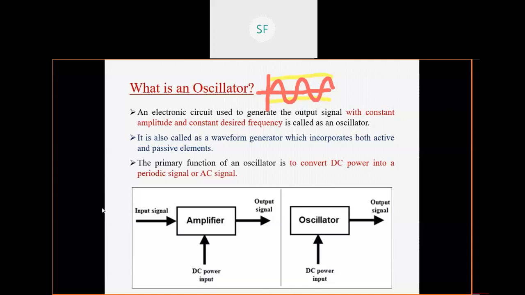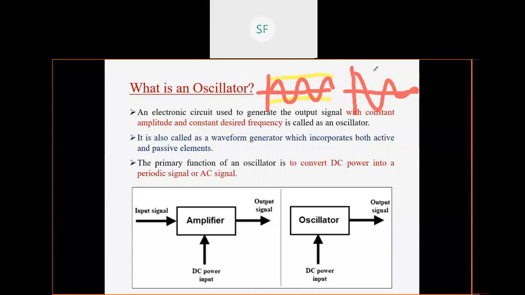Now there are other oscillations as well. Suppose these are called damped oscillations. These are also oscillations, but you can observe that the amplitude is constantly decreasing. These are called damped oscillations, meaning after a while the amplitude will be zero.